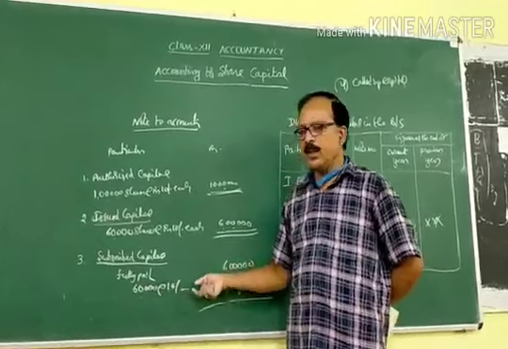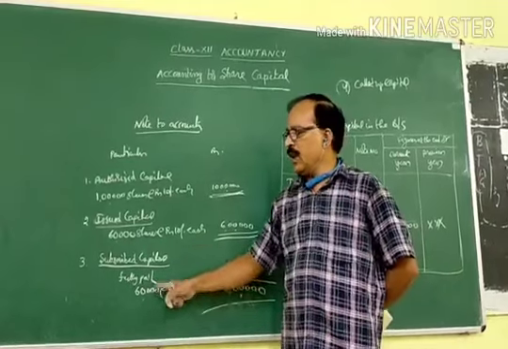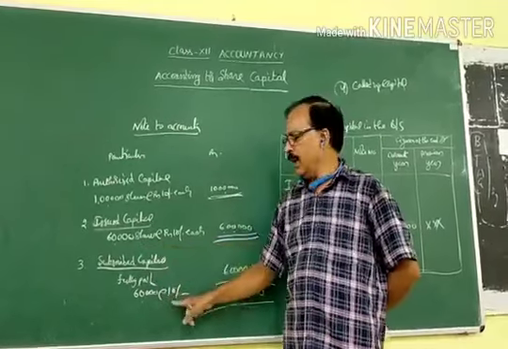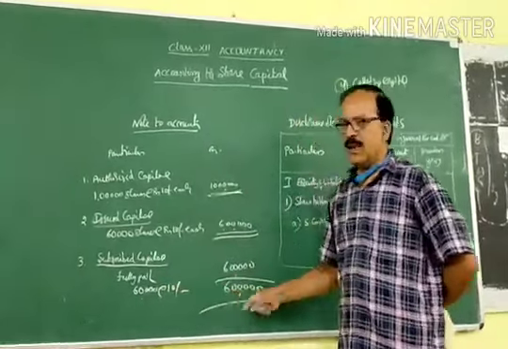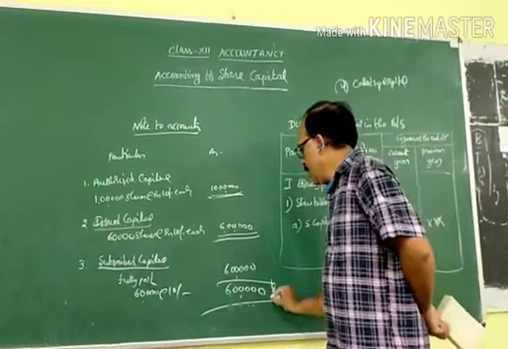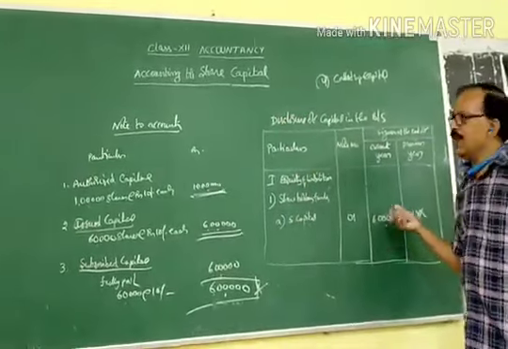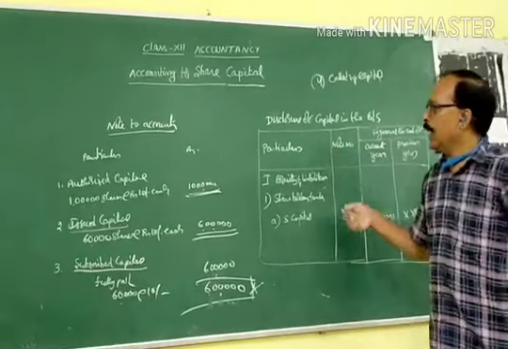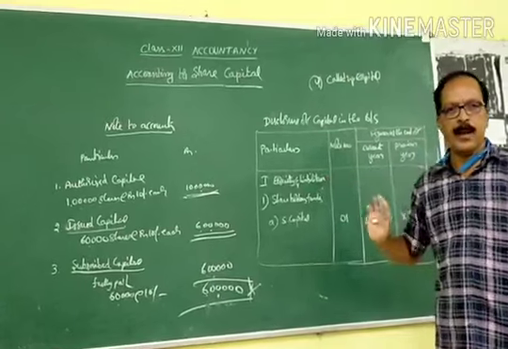As in the first example, I took only the fully paid up portion. Here I assume that all 60,000 shareholders paid the entire 10 rupees. That means 60,000 into 10, that is 6 lakhs. Whatever amount I get here, I have to write the same amount here also. So this is the way to show the company's share capital in the given balance sheet.